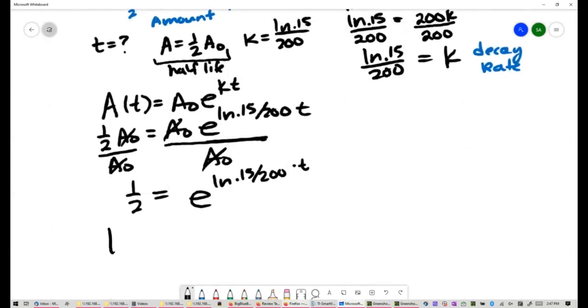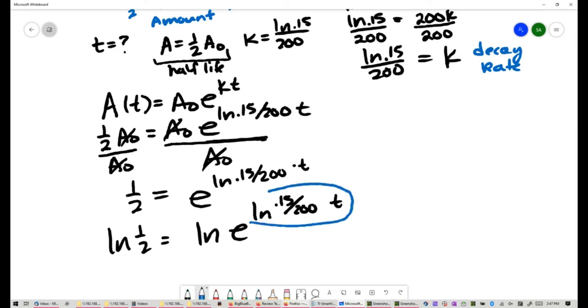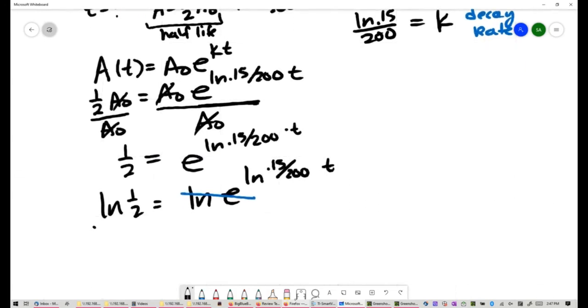We'll do the natural log on the left, the natural log on the right. Because we've introduced the natural log, we can now use the inverse properties. Natural log and e cancel each other out. We have natural log of 1/2 on the left, natural log of 0.15 over 200.